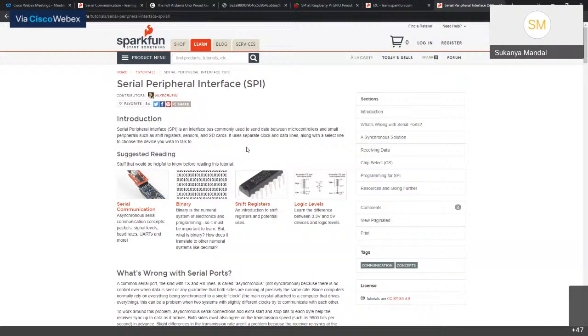It uses separate clock and data lines, along with a select line to choose the device we wish to talk to.